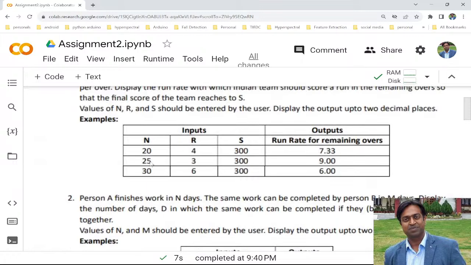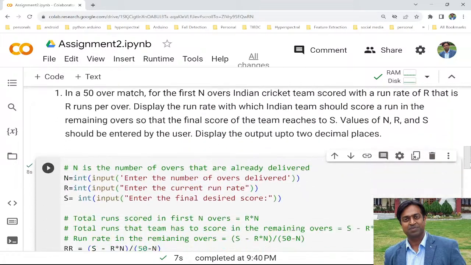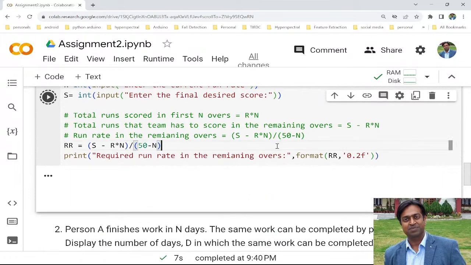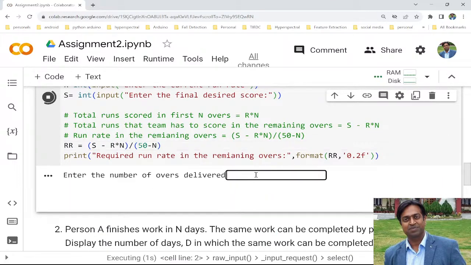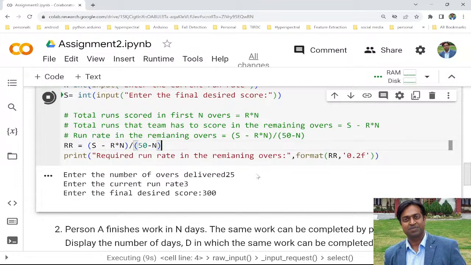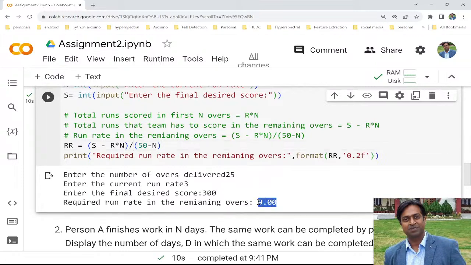So next is 25, 3 and 300, and the output should be 9, right? Let me execute this program again. Overs done is 25, run rate is 3, and desired score is 300. So you can see 9.